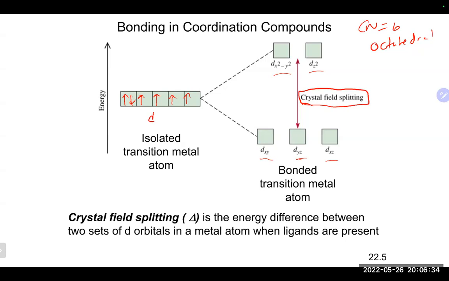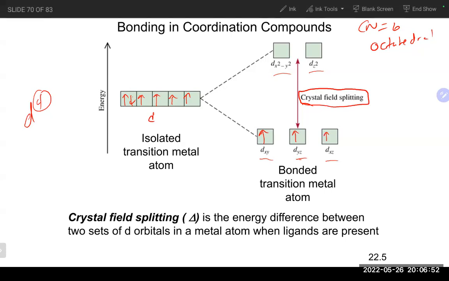So let's just say we have 4 d electrons that need to be populated. They're going to start on the lower end of energy and populate these orbitals like we normally would expect.